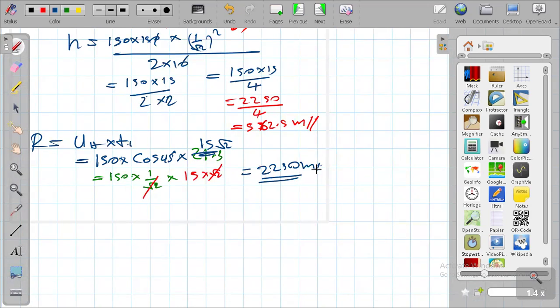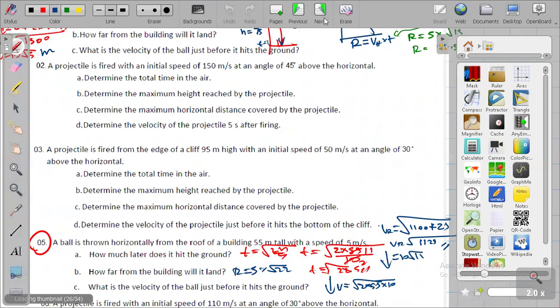Did you get this answer? Yes, sir. It's like firing a gun, that's why it travels so far.